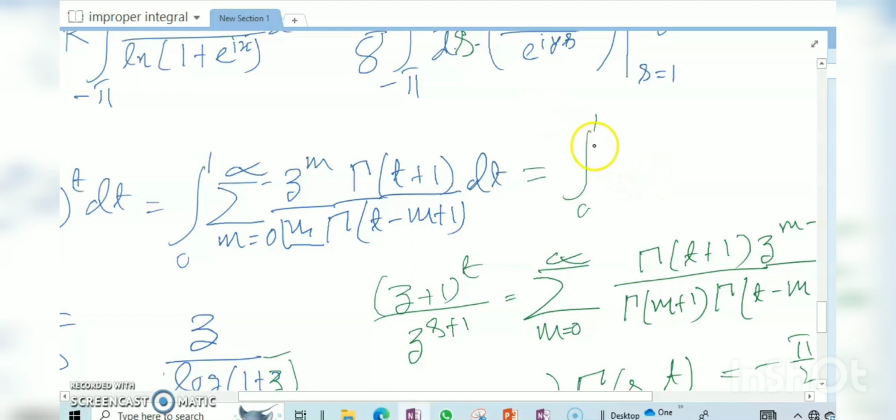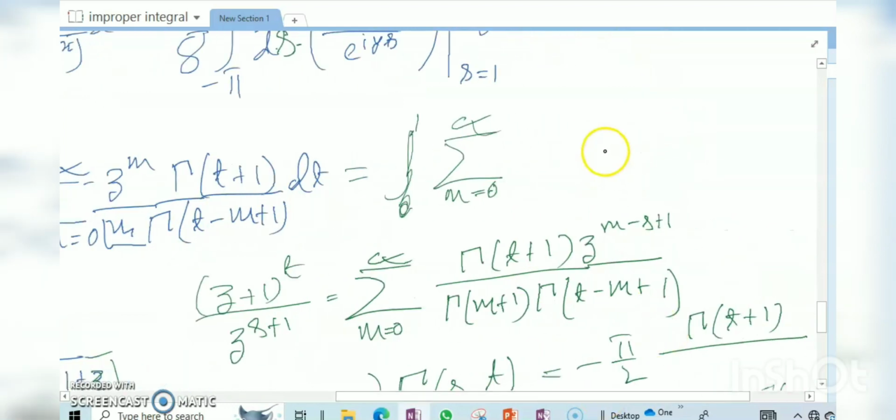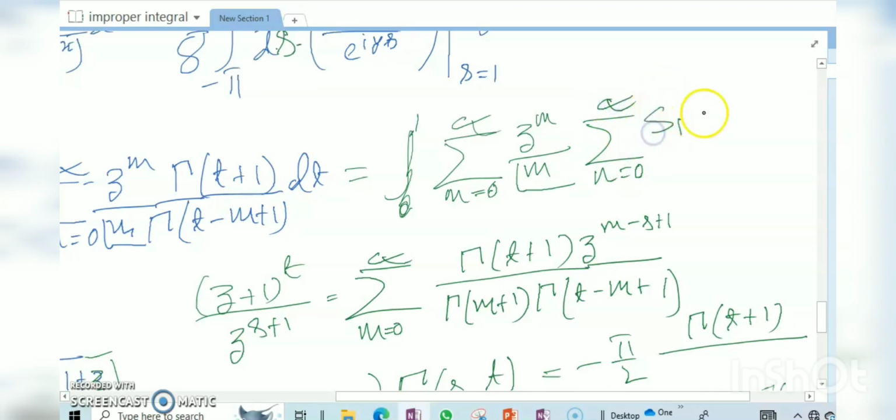Okay, you can write this way, that this value is this way. You can write that summation m equals to 0 to infinity, z to the power m divided by factorial, summation n equals to 0 to infinity, s1 m comma s divided by s plus 1. So this way you can write.